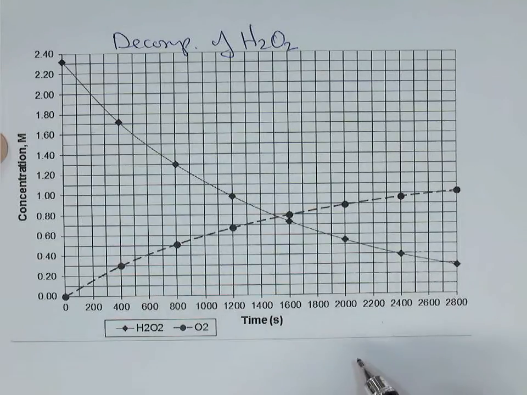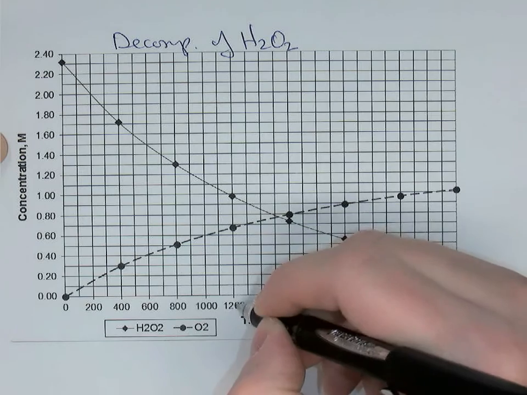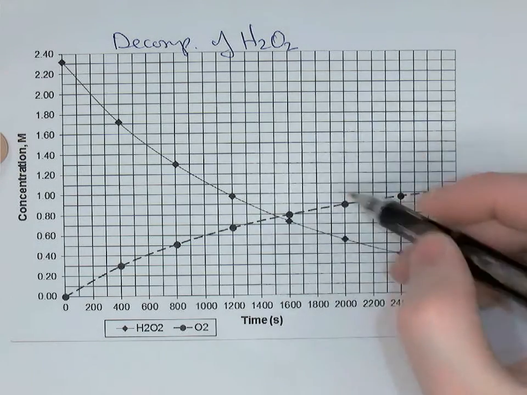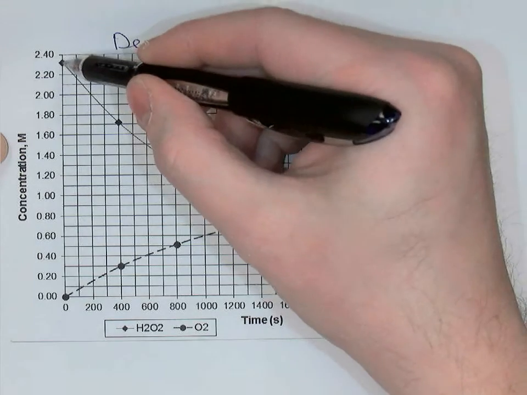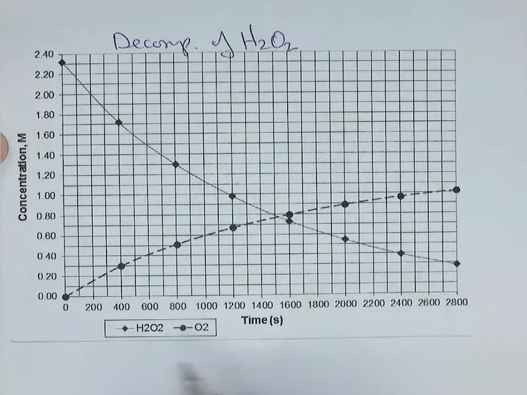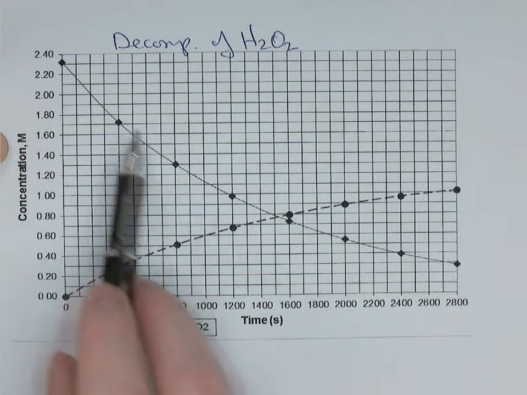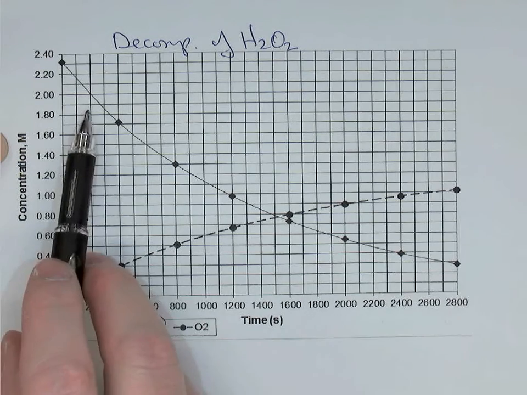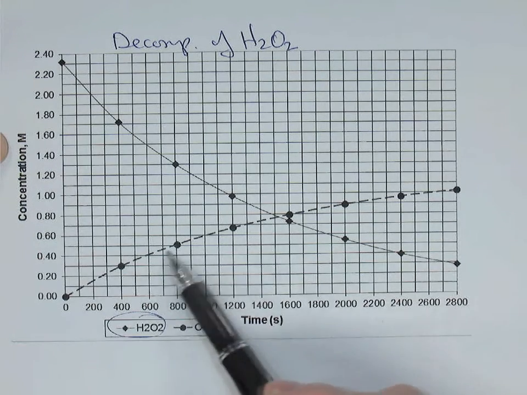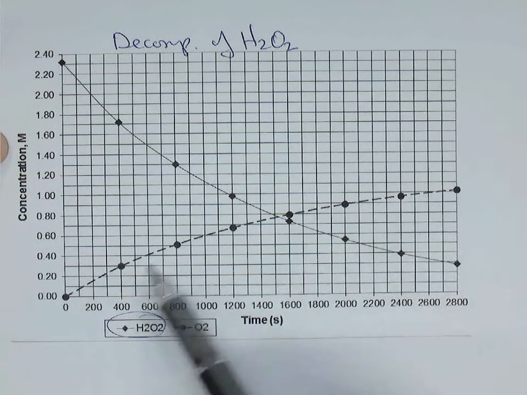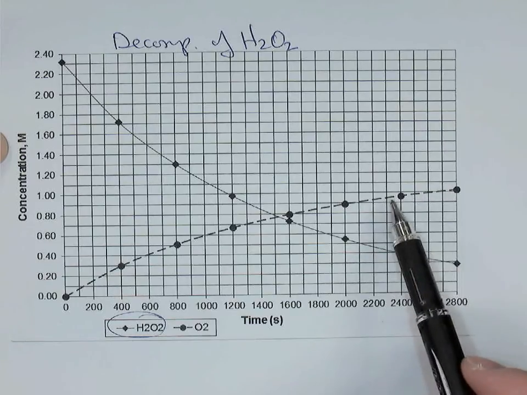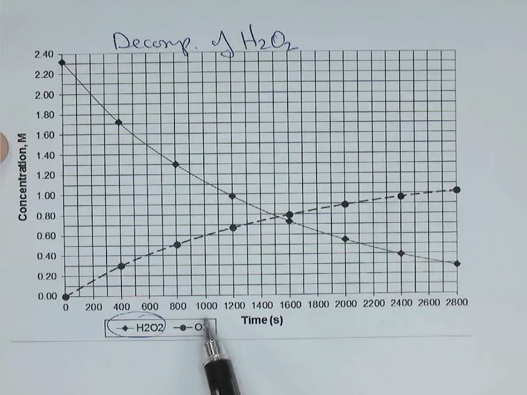Well, looking right here on the graph, we recognize that the falling curve that starts up here and falls, is the hydrogen peroxide. Because it's falling, it was a reactant, it was decreasing in concentration. The rising curve has to be a product because it's being produced, it's increasing in concentration, and we're told here that that's the oxygen gas.